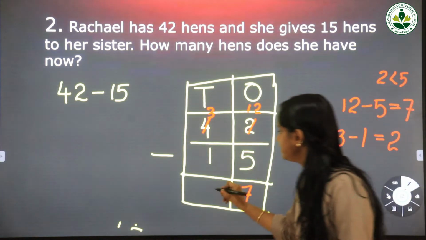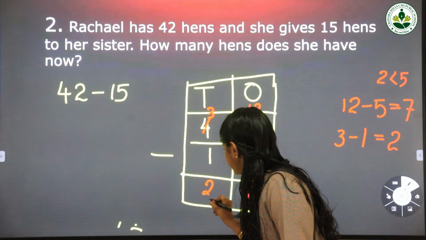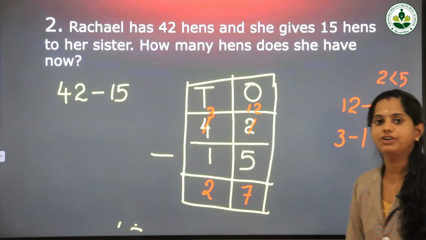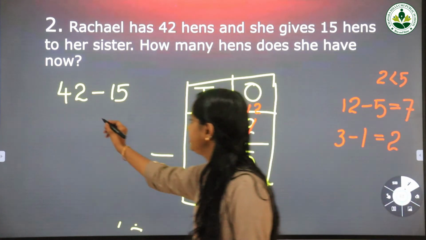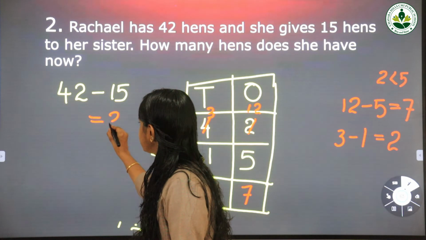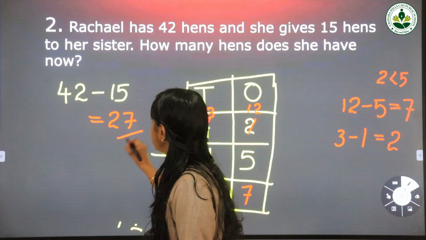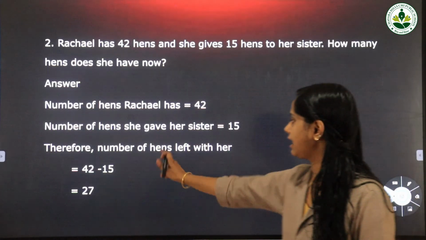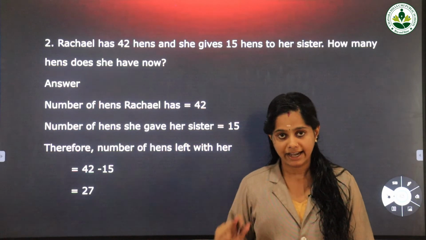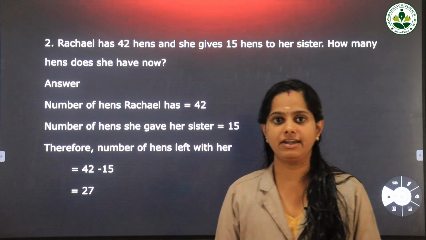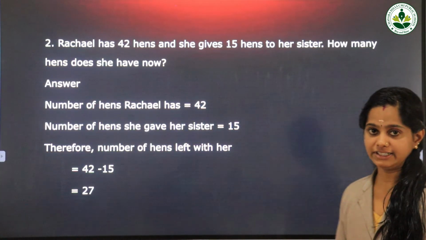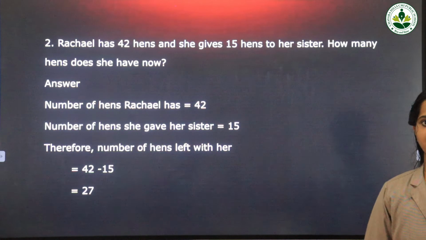So we can write 2 in the tens column. So 42 minus 15 is equal to 27. 27 is the difference. So the number of hens left with Rachel is 27.